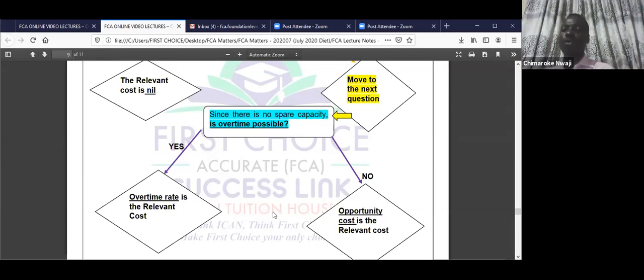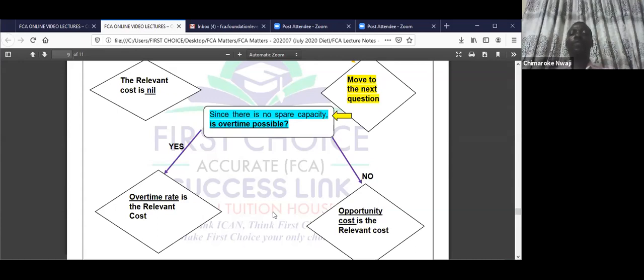You will lose revenue. So that lost revenue that you will lose for not producing bread for that 3 hours is a relevant cost. That should be taken into consideration when determining the price. You must add that relevant cost to it.